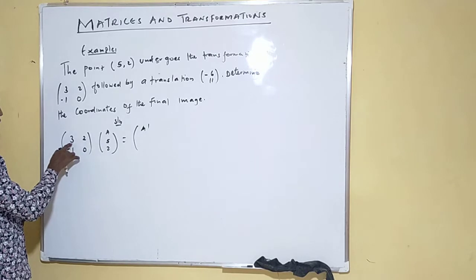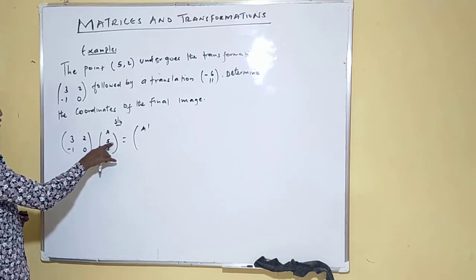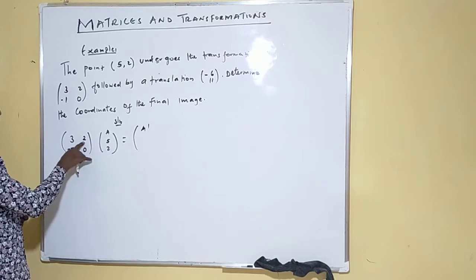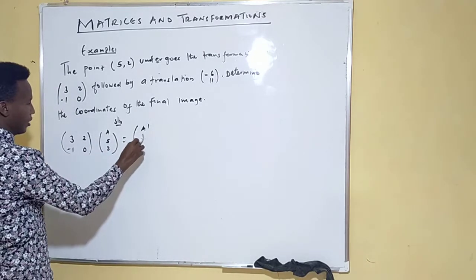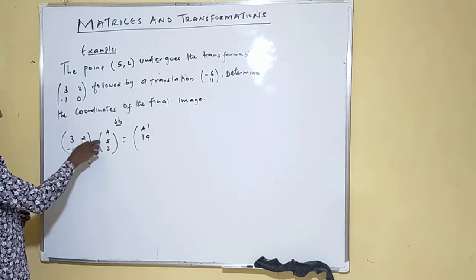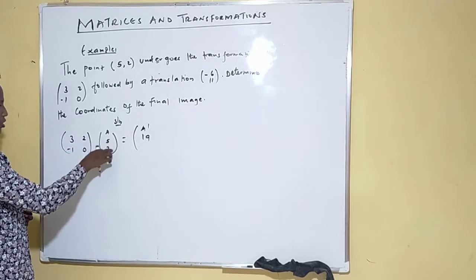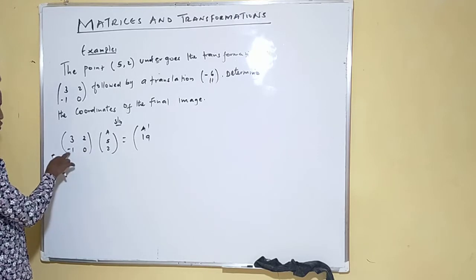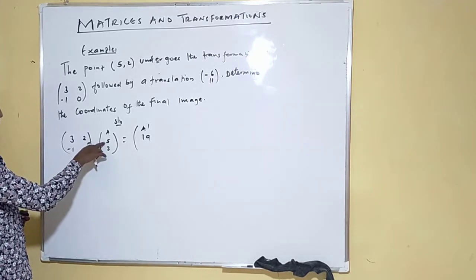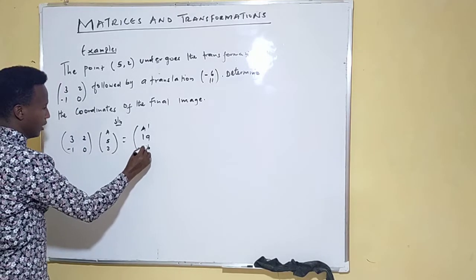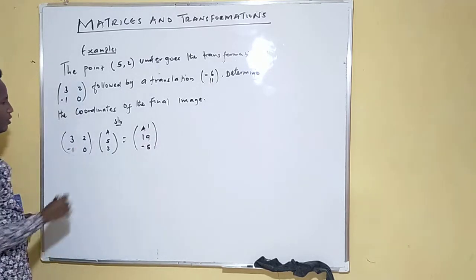You're going to say 3 times 5, 15, plus 2 times 2, that is 4, 19. This one you are done with because I've multiplied this row by this column. Then you will multiply this row by this one. So negative 1 times 5 is negative 5, plus 0 times 2 is 0. So this is negative 5. So this is the first image.